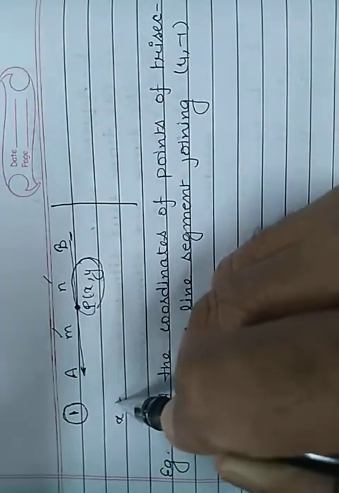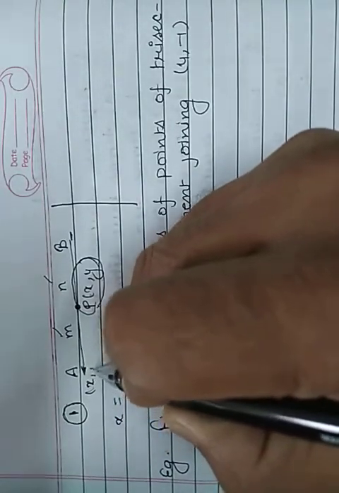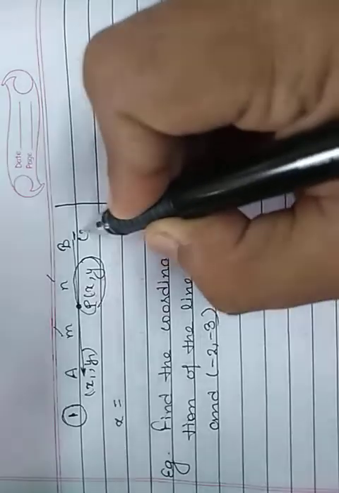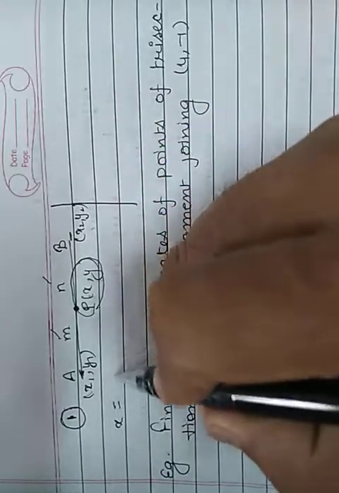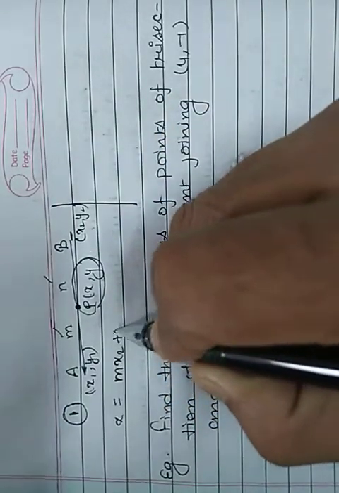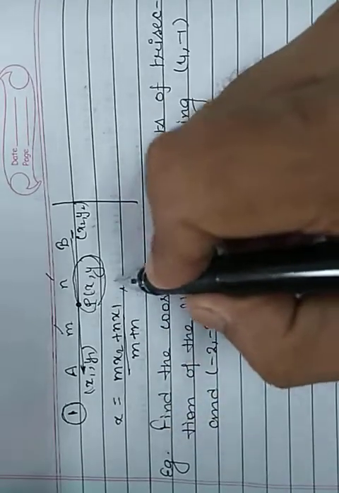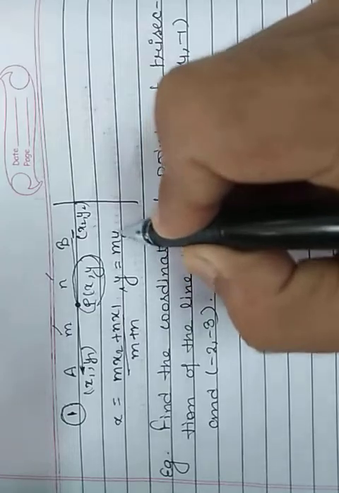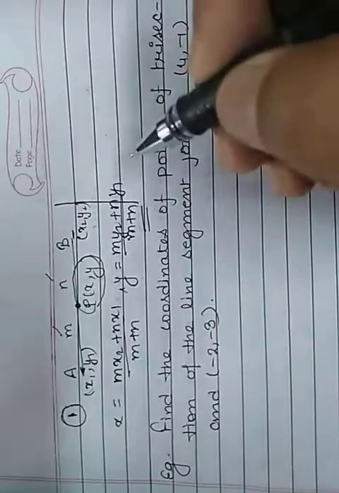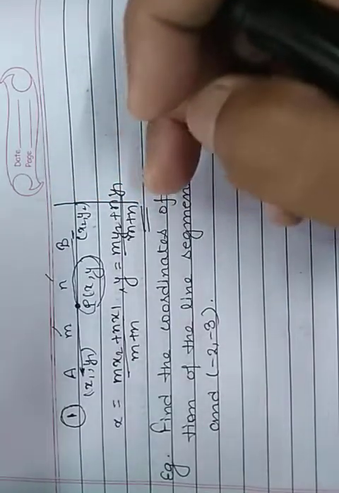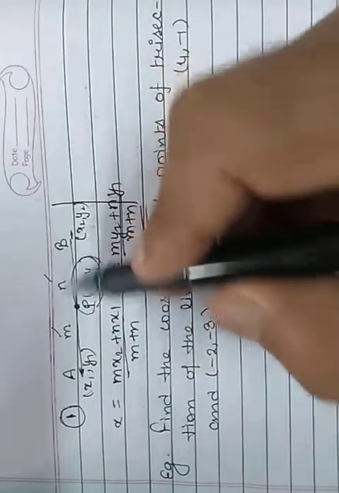So we will use the formula: if the coordinate of A is x1, y1, and the coordinate of B is x2, y2, then I will use mx2 plus nx1 upon m plus n for x, and for y it is my2 plus ny1 upon m plus n. I will use this formula to calculate the coordinates of the point that divides the line joining AB in the ratio m:n.